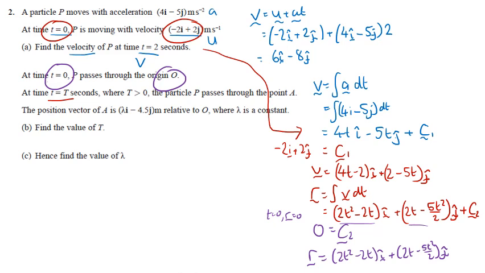Right, so at time t equals uppercase T seconds, it passes through A. So we're going to use that piece of information now. And there's A, lambda i minus 4.5j. So we're going to substitute that in. So we get lambda i minus 4.5j is equal to, and I'm just going to substitute uppercase T in here.